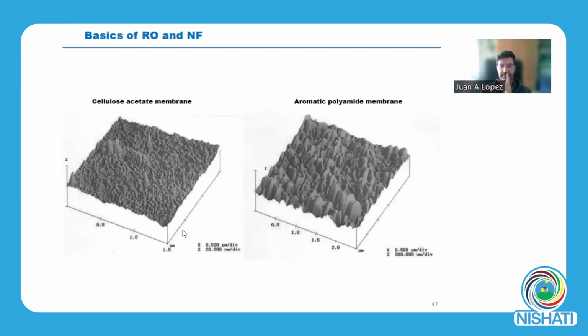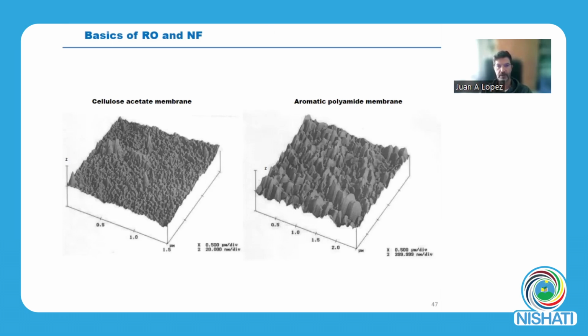But please pay attention to the z-axis. Here the division is 20 nanometers. In this case, the division is 400 nanometers, not 20 like this. So this is almost flat, and this is compressed.